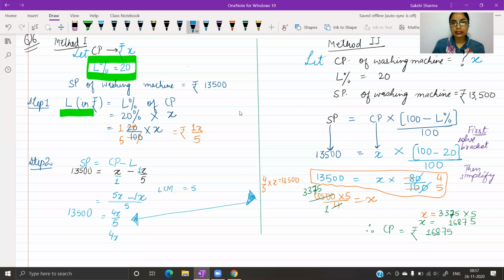I'm rewriting this. The values containing X, I'm writing them on left-hand side. And okay, just a minute, Sahaj.